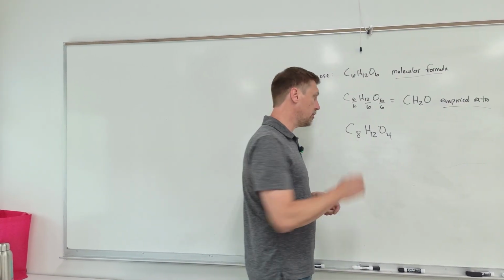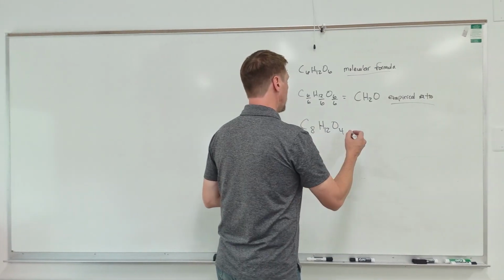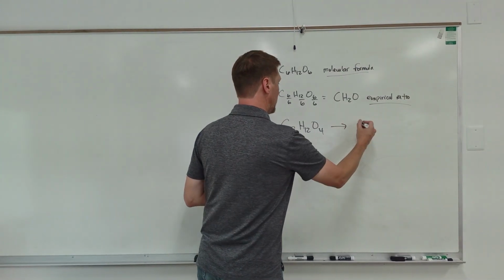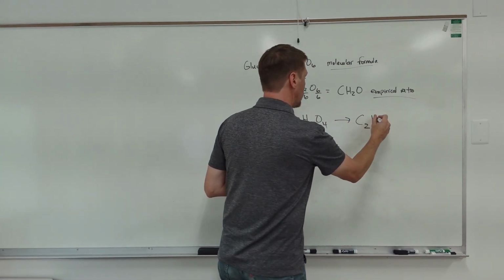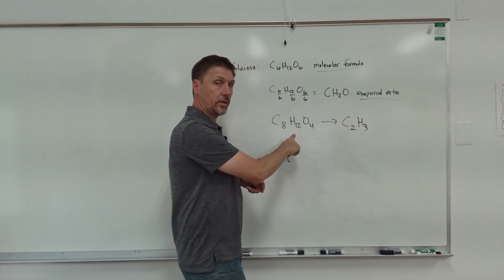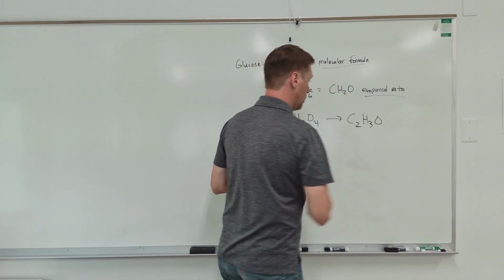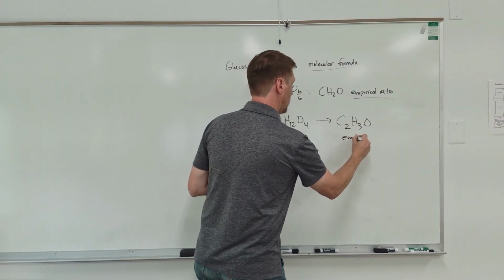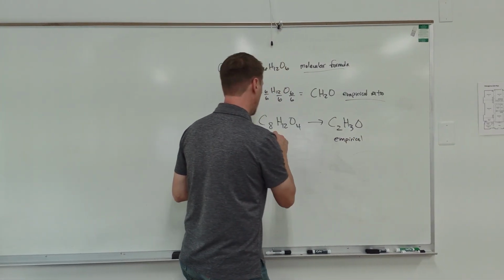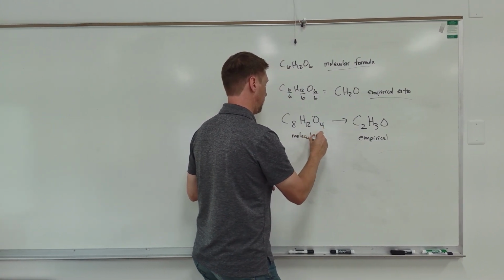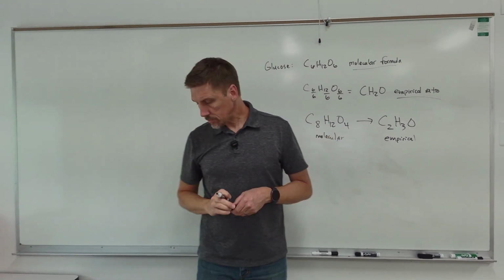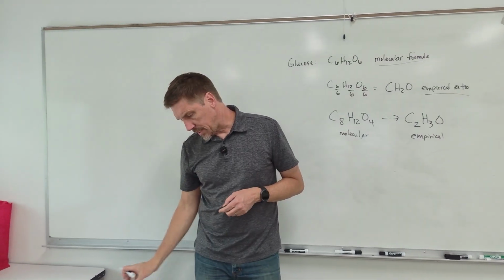They are. They're all divisible by 4. So the empirical formula for this would be C2, because 8 divided by 4 is 2, H3, because 12 divided by 4 is 3, and then O. So this is the empirical, whereas this is the molecular.